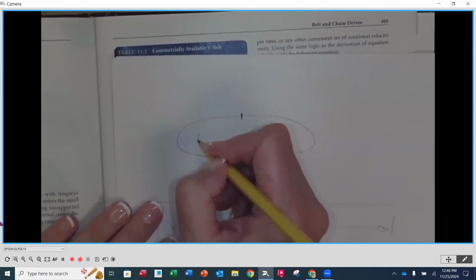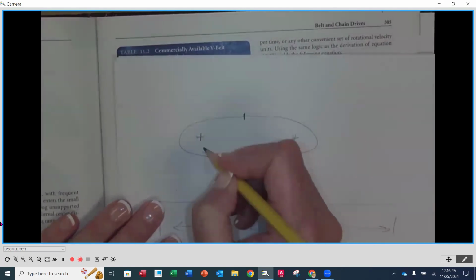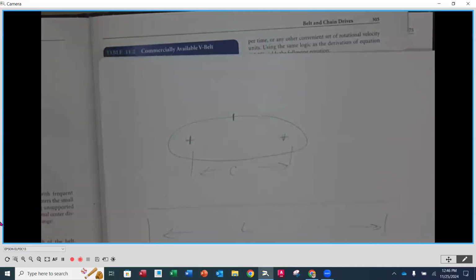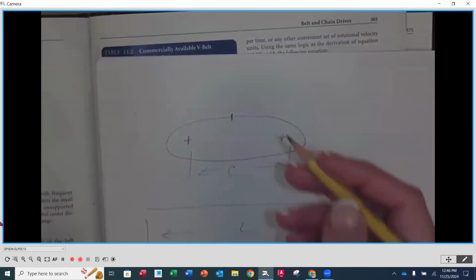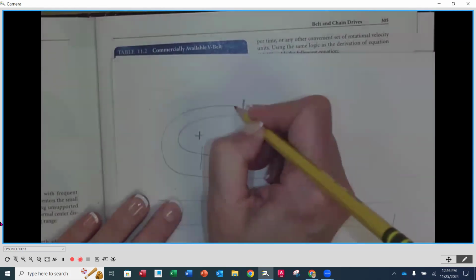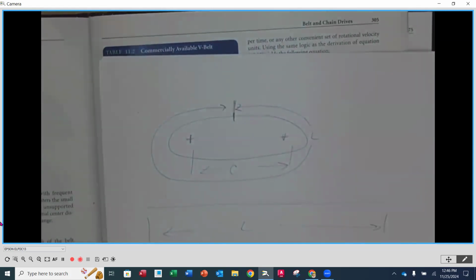The center distance is going to be between the two sheaves. That's different than length. Length is going to be if I would wrap a tape measure all the way around, how long would that be? So it would go from this point all the way around to that point. That would be the full length. Does that make sense to everybody? Okay.